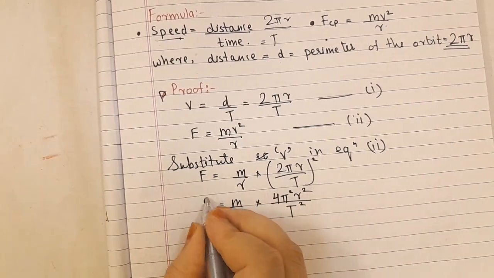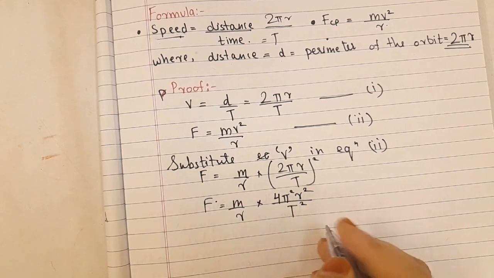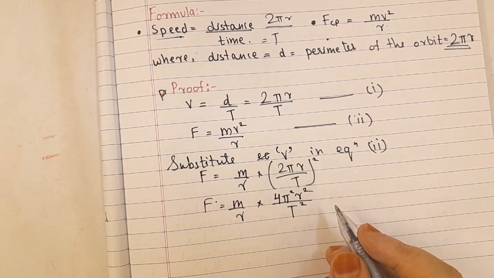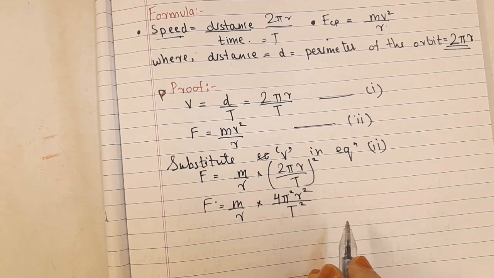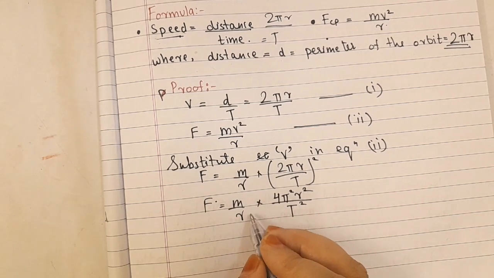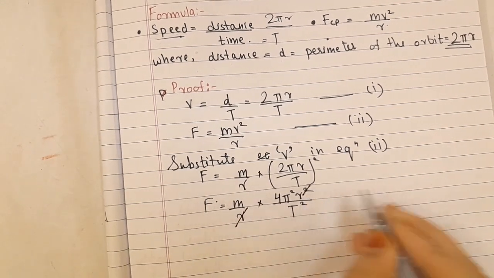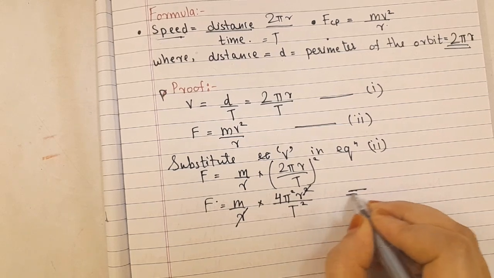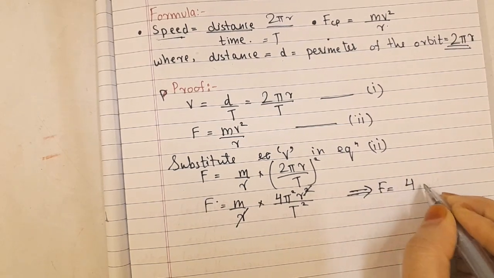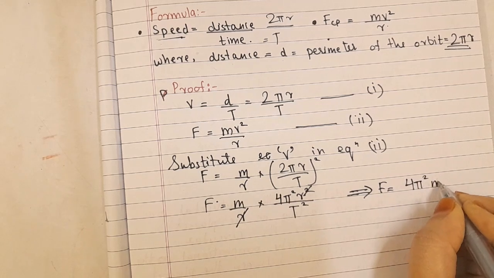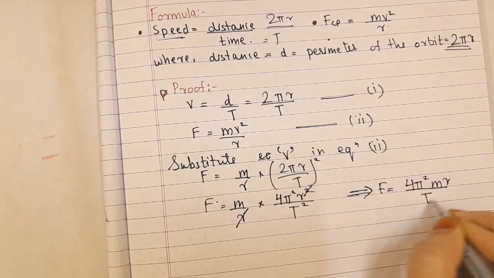So this is the force after substituting the value of v. Now cancel this. We will get the new force value F is equal to 4 pi square m r upon t square.